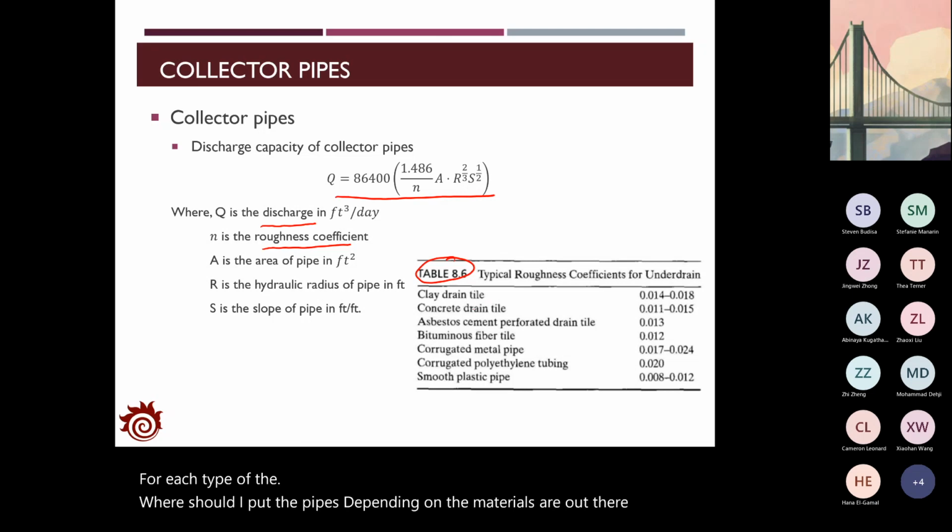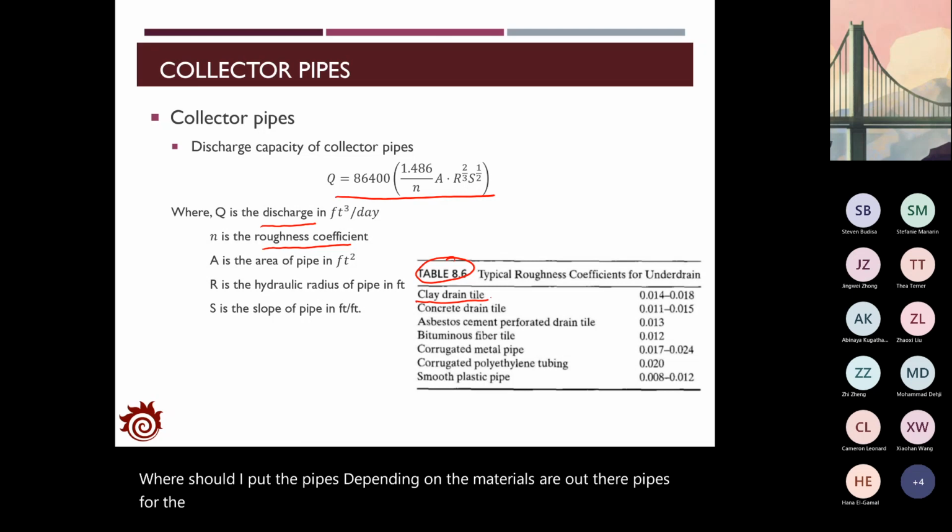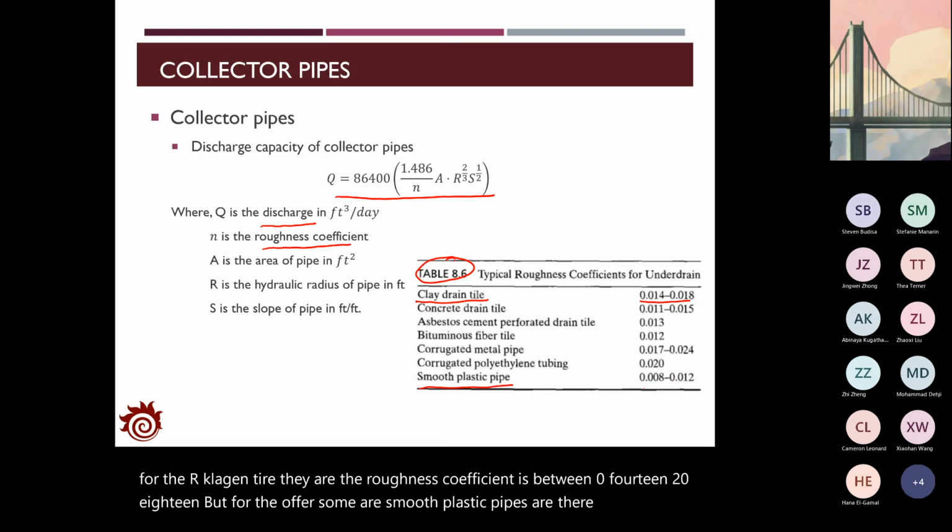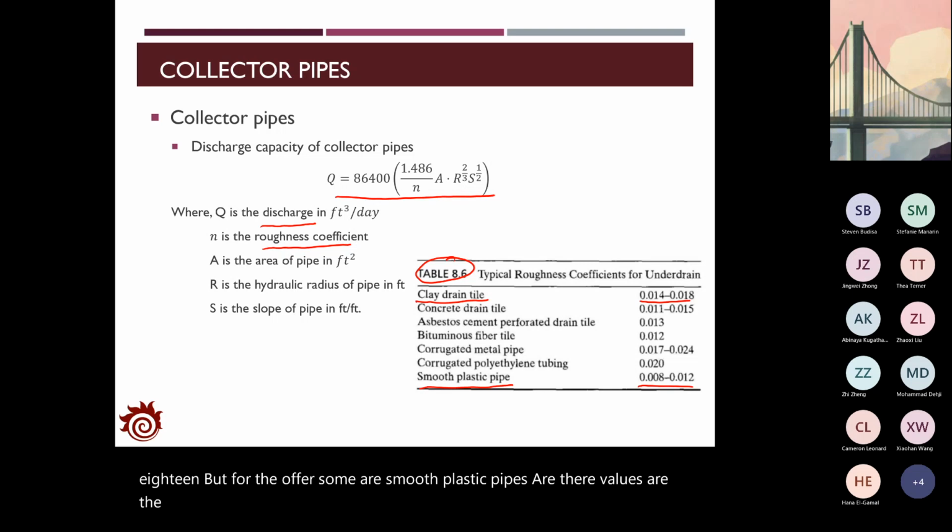For the clay drain tile, the roughness coefficient is between 0.014 and 0.018, but for some smooth plastic pipes, the coefficient is between 0.008 and 0.012.